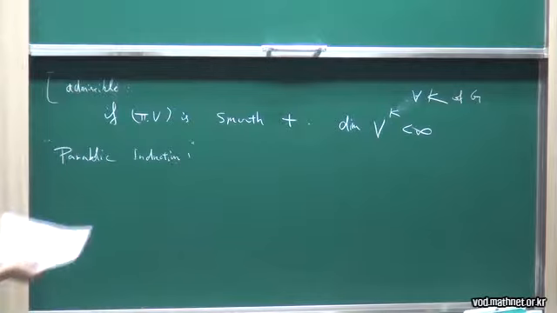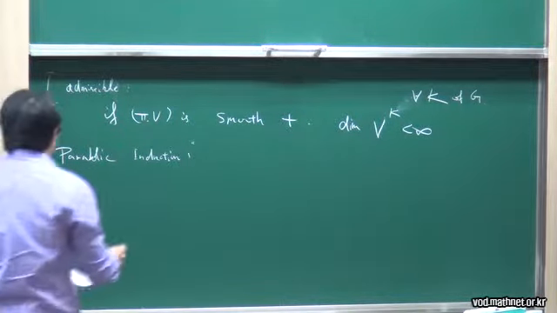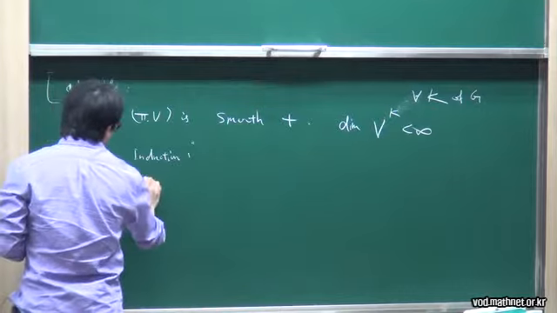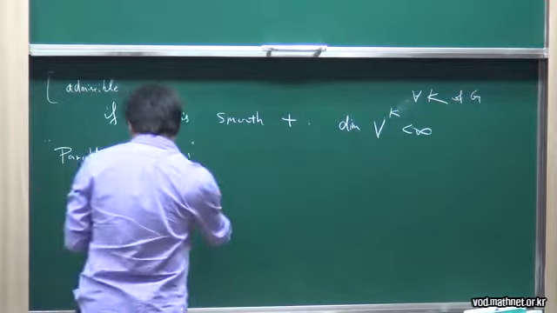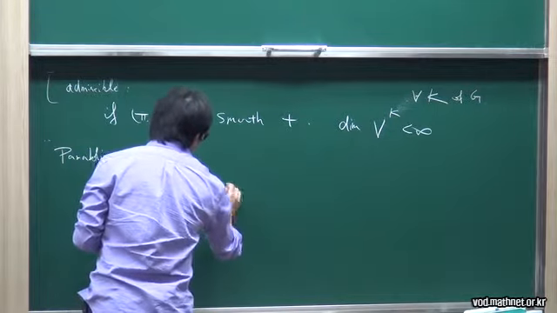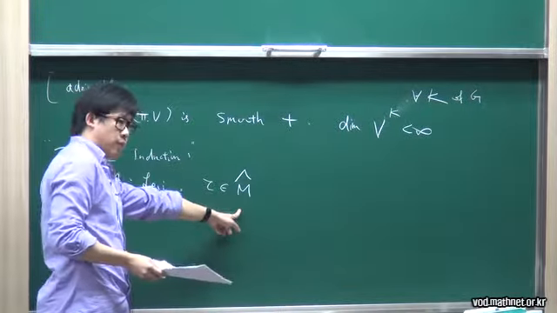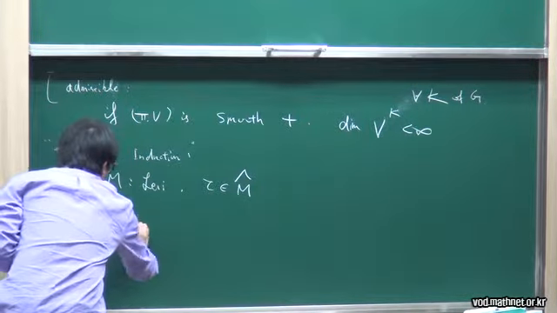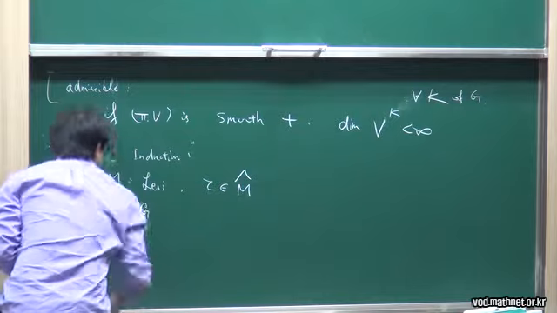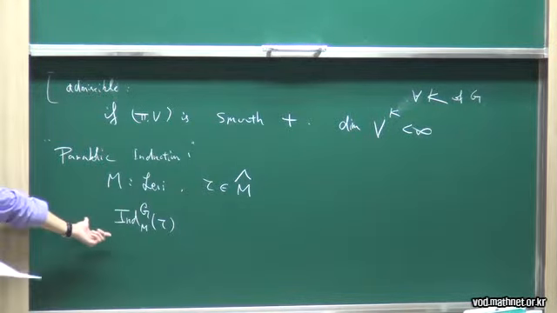But now the smaller group we choose is the parabolic one. That means we choose M to be a Levi subgroup, and tau to be an irreducible smooth representation of M, and then we can get an induced representation.